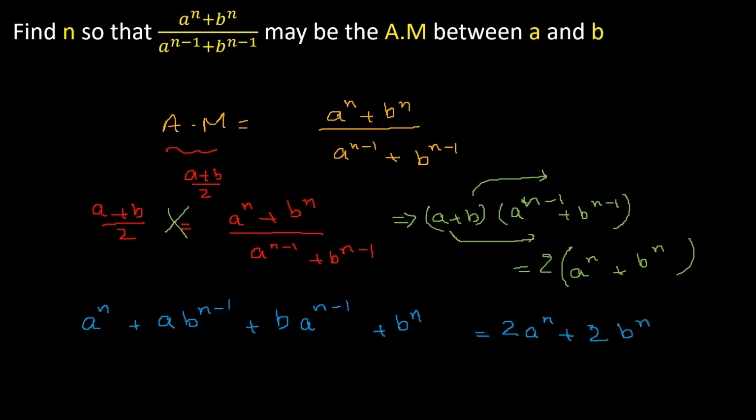So from here, when a^n goes to the other side, it becomes 2a^n minus a^n, which is a^n. Then we are left with a b^(n-1) plus b a^(n-1), which will equal a^n plus b^n.